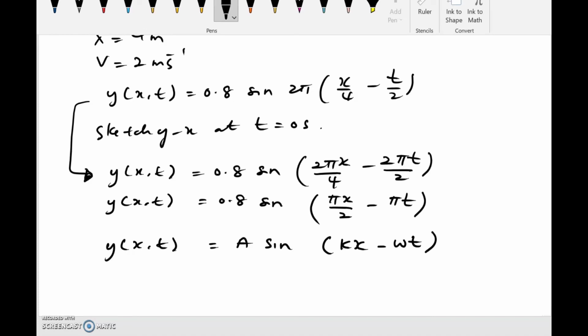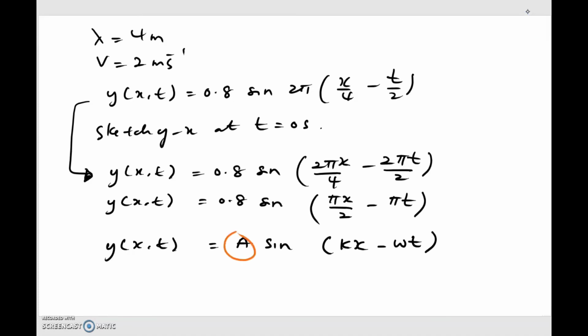So here your amplitude is 0.8 meters. Your k, the wave number, is pi over 2 per meter.